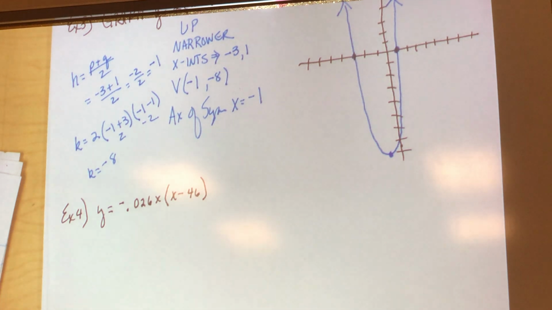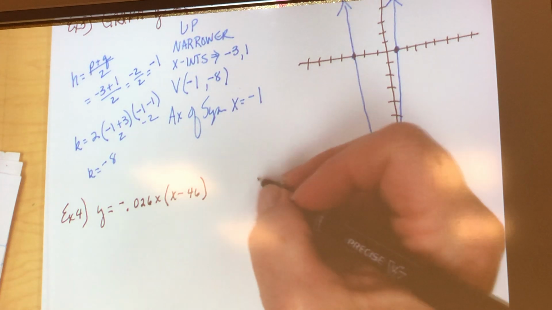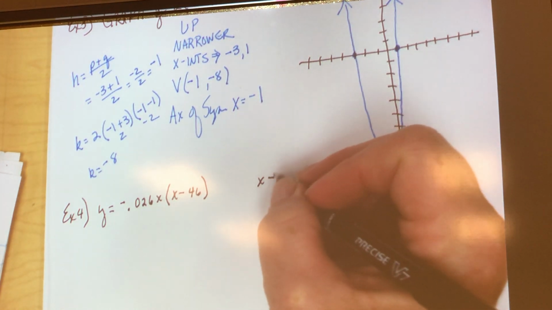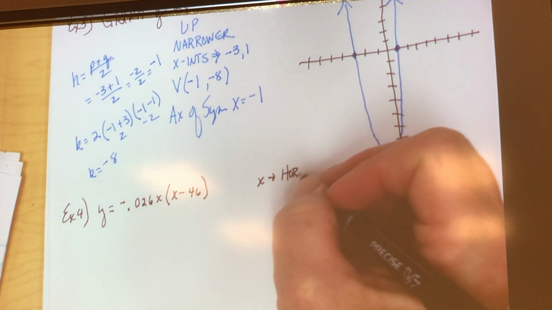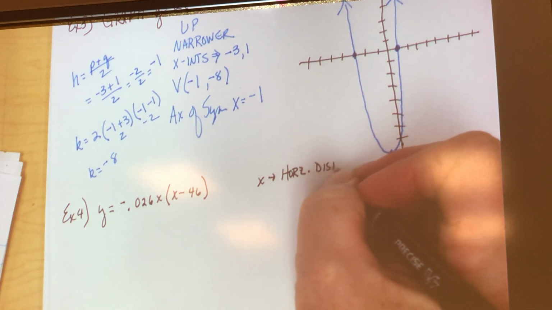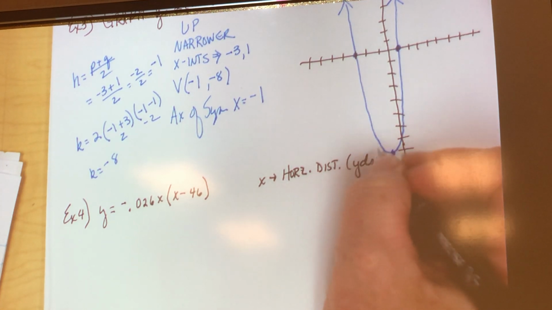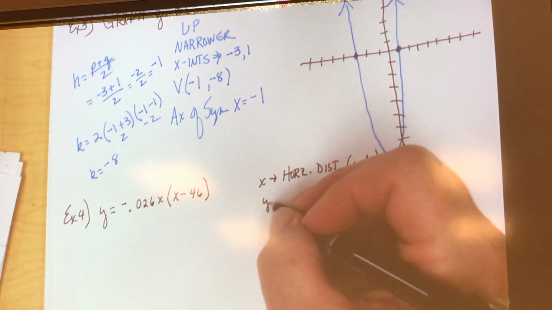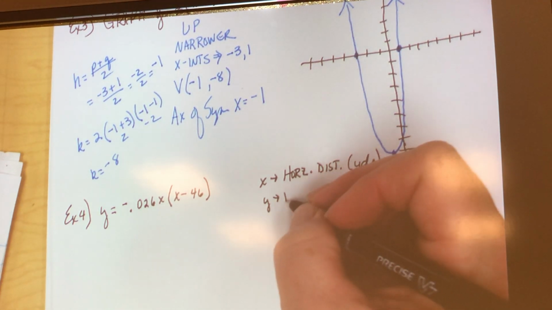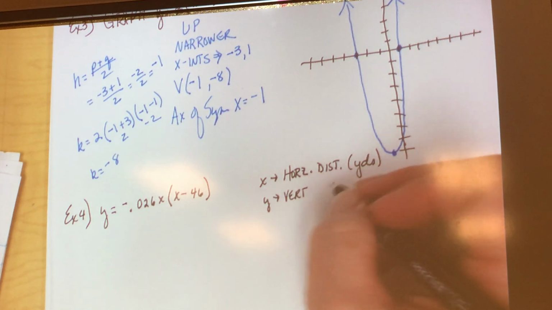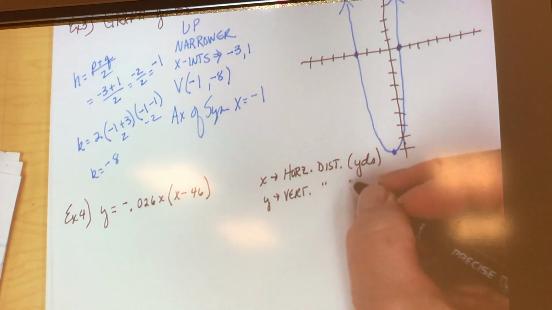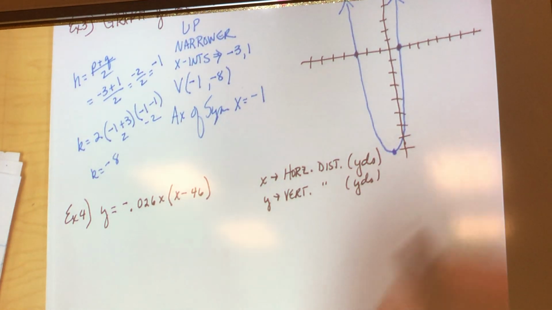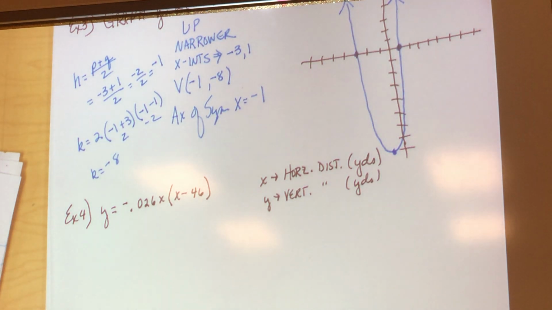So, let's see what else it says. Where x is the horizontal distance, and it's in yards, okay? And y is the vertical, or the height, distance, and it's also in yards. All right, so everybody with me?